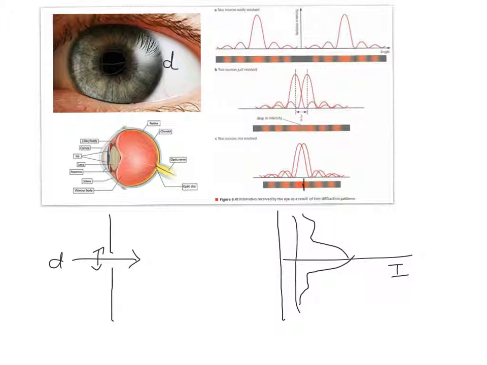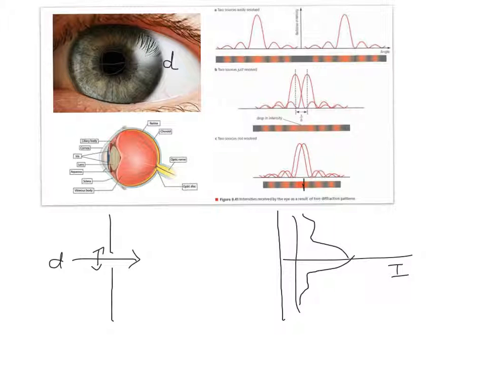Now, what has this got to do with single slit diffraction? Well, your eye is basically a circular slit, and you basically focus things on the back of your eye, on the retina, using this diffraction idea. So light that goes through your pupil here will show a trace which is very similar to the one that you get with single slit diffraction.